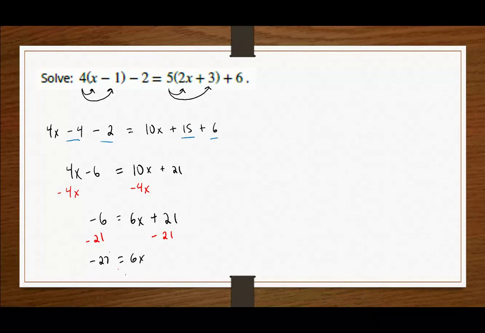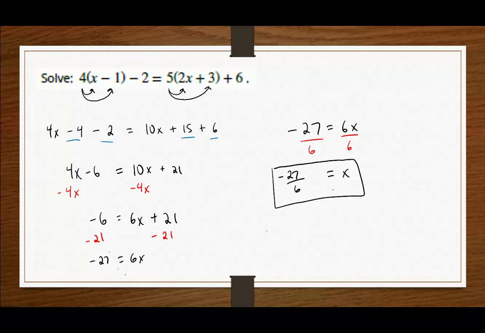All right, so now what we have is the expression -27 is equal to 6x. That coefficient needs to be simplified by dividing each side by 6, such that we get x is equal to -27 over 6. Now, if you absolutely hate that this is in an improper fraction form, you're welcome to write it another way.